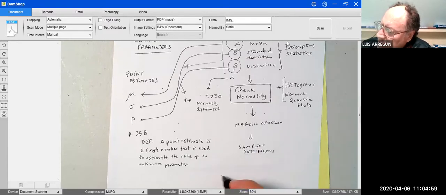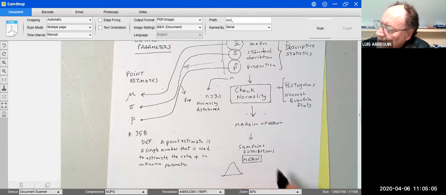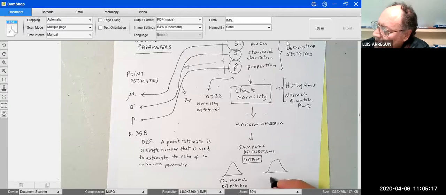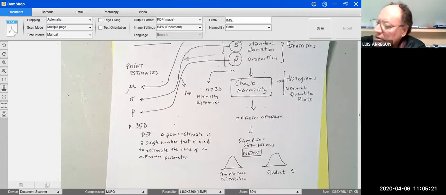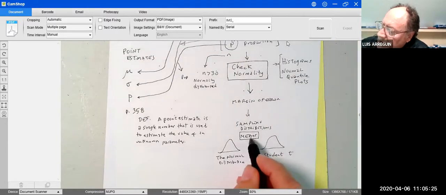For example, if the purpose is getting the margin of error for the mean, we're going to use either the normal distribution, or we're going to use a new distribution, the student t distribution.